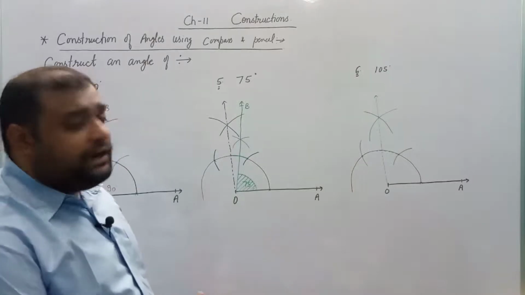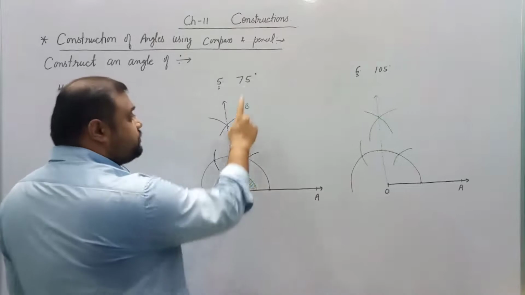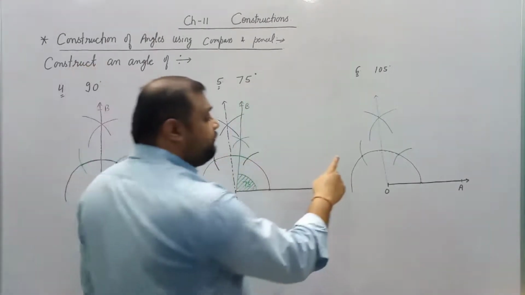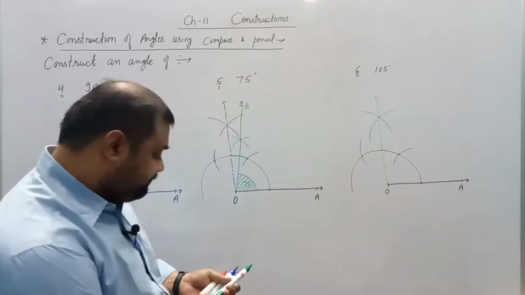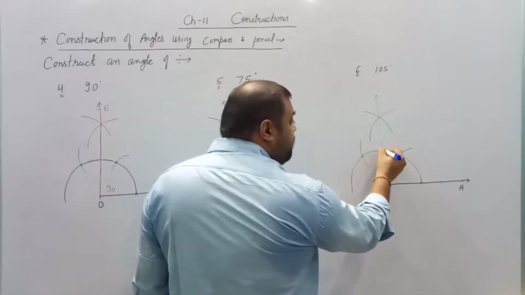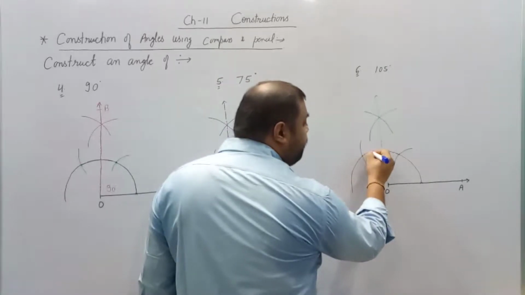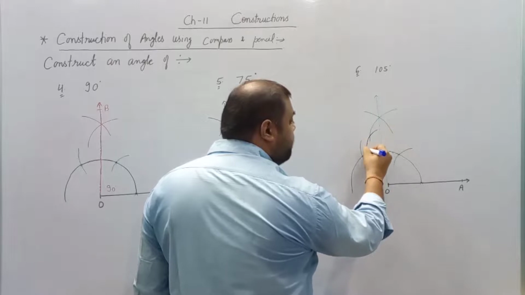Now we have to construct 105. When constructing 75, 75 was the bisector of 60 and 90. 105 is the bisector of 90 and 120. So taking 90, this point, as center and more than half of this arc, draw an arc.